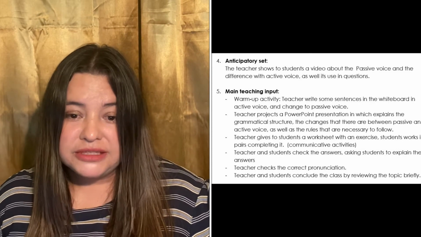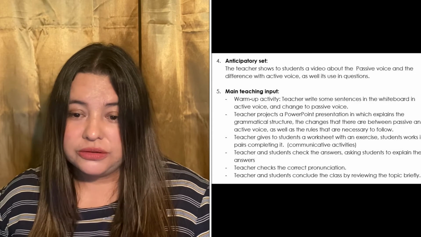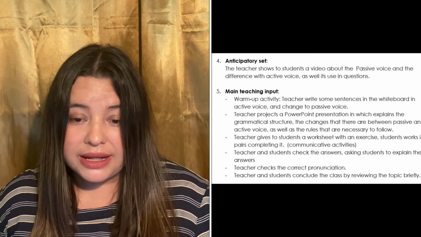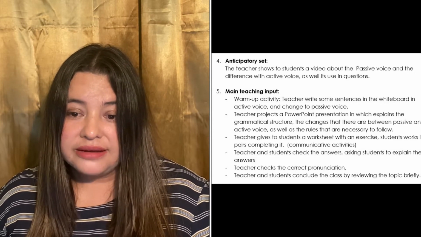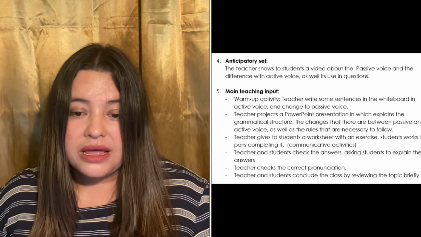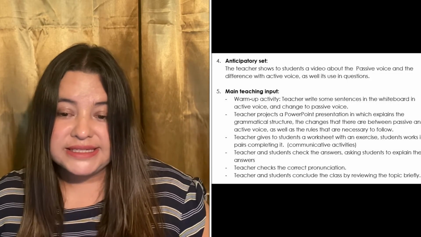And then the teacher projects a PowerPoint presentation which explains the grammatical structure, the changes between passive and active voice, as well as the rules that are necessary to follow.